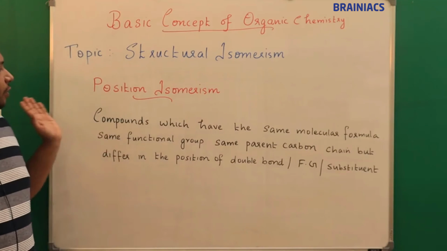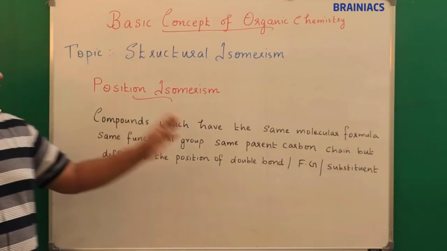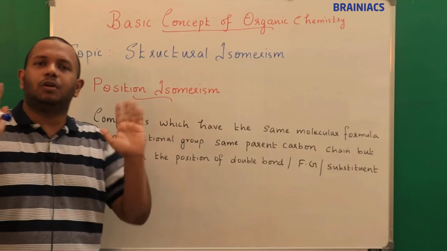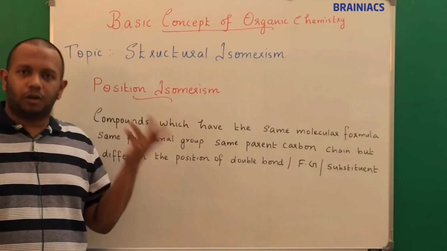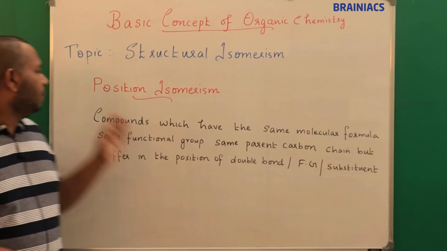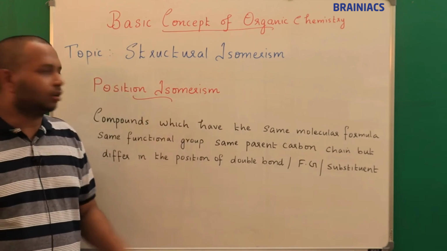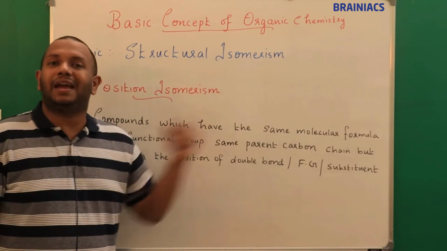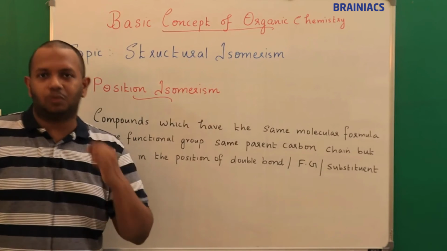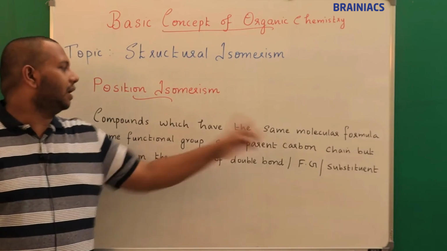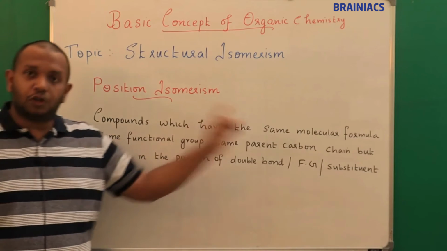So if you see the definition, compounds which have the same molecular formula, again the molecular formula will remain the same, or the molecular weight will remain the same. They have the same functional group. Both will be having the same functional group, and they will be having the same parent carbon chain. Parent carbon chain also will remain the same, but they differ in the position of the double bond.